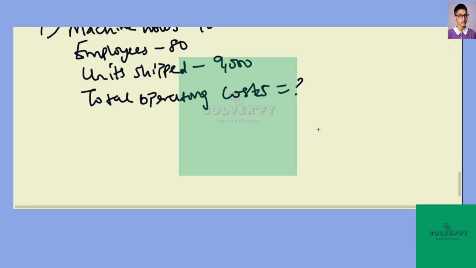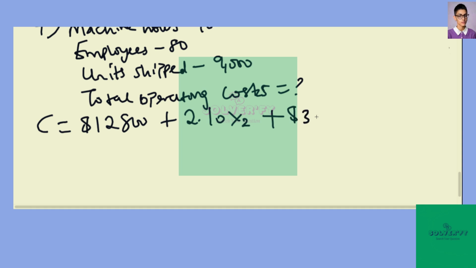So given the information, the operating costs would be C, right? So the function will be 12,800 plus 2.10x2 plus 3.60x3.